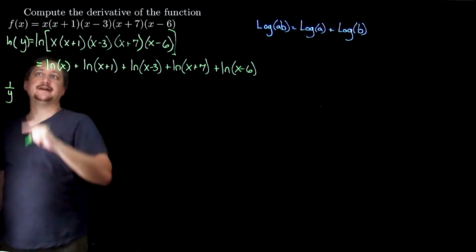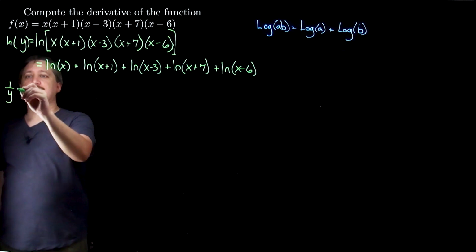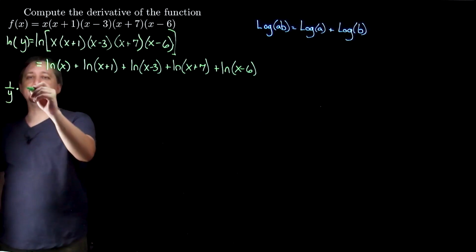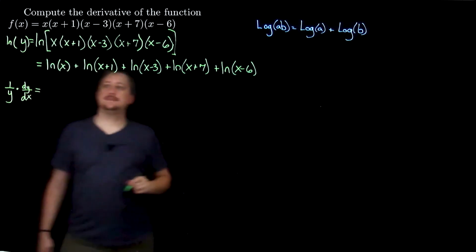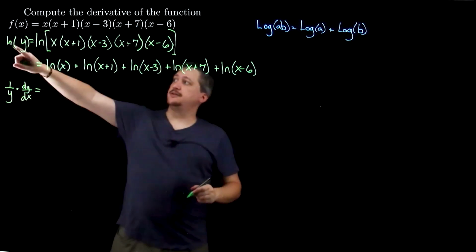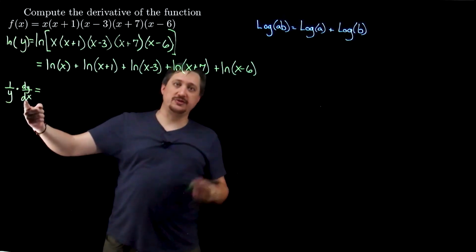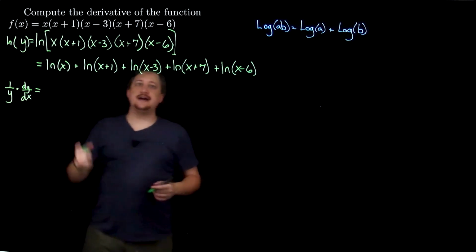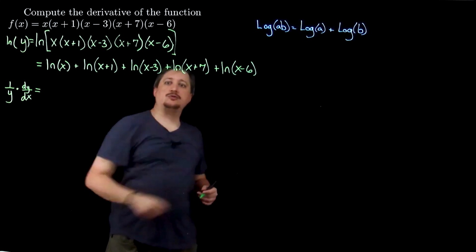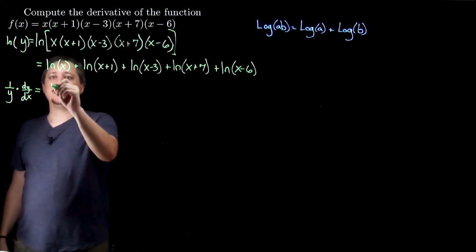But because it's y and not an x, and I'm taking a derivative with respect to x, the chain rule, implicit, tells me that I should have also dy dx. So that's what happens on the left: the natural log gives me 1 over that thing times the derivative of that thing, which is dy dx. But on this side, when I take the derivative of each term all across, the derivative here is just 1 over x.